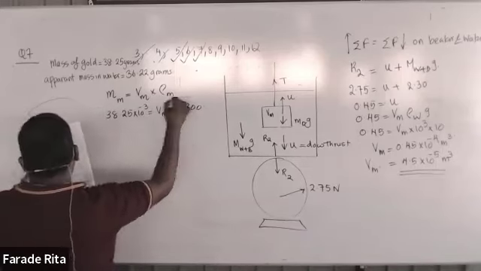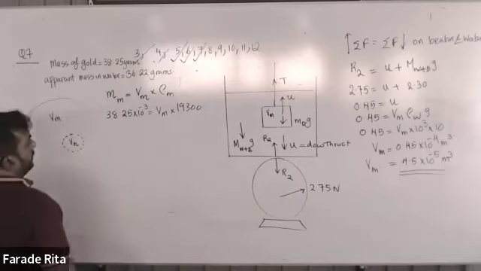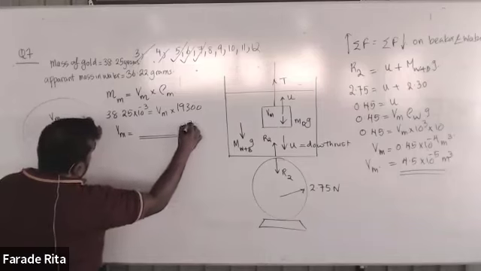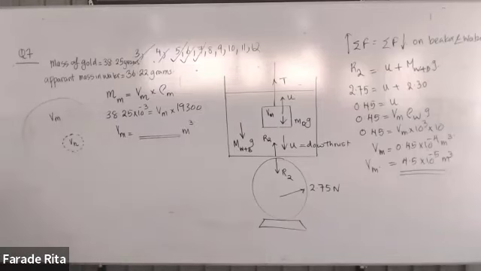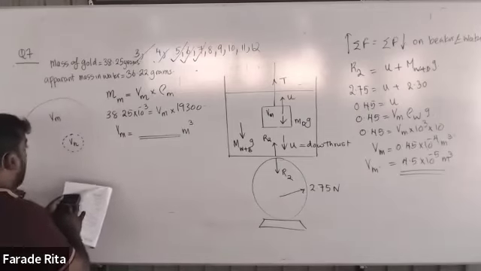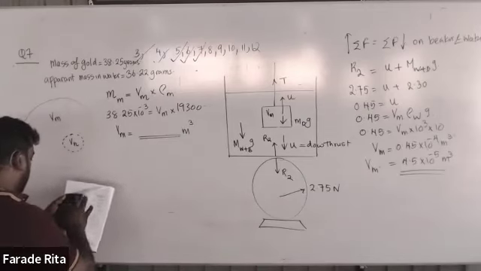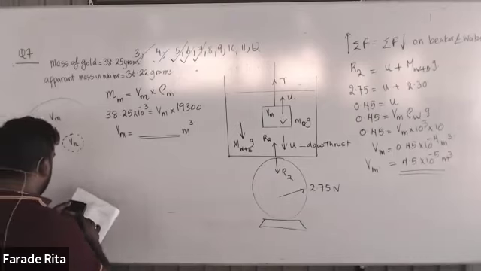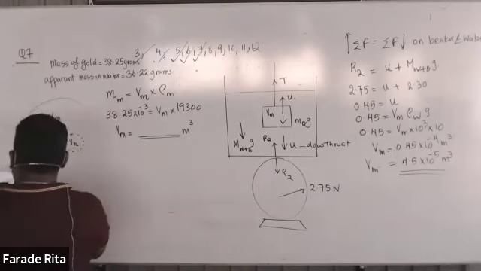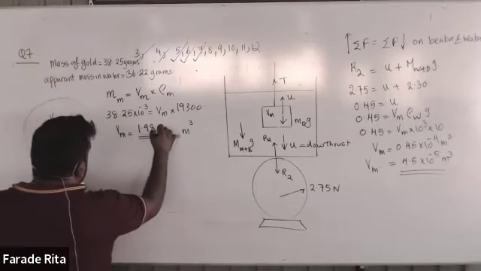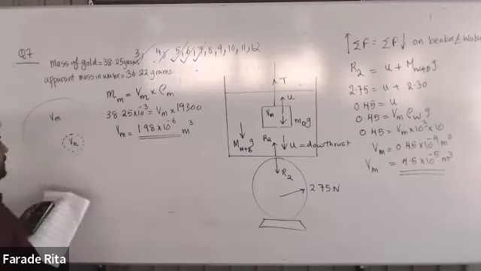The volume of the metal is going to be in cubic meter. 38.25 times 10 to the power minus 3 divided by 19,300. That is 1.98 times 10 to the power minus 6 cubic meter.